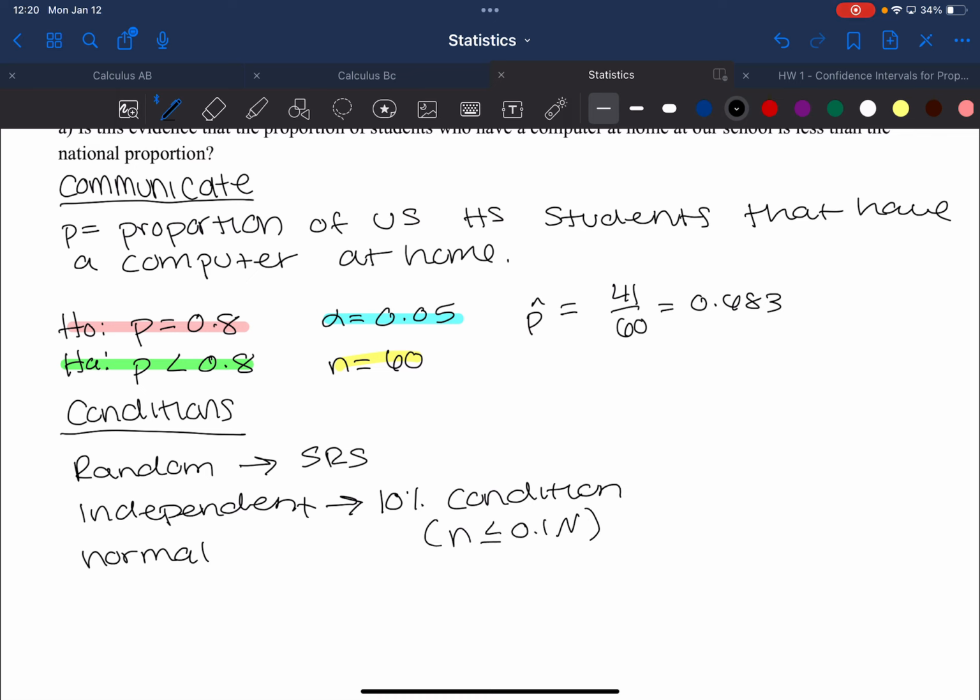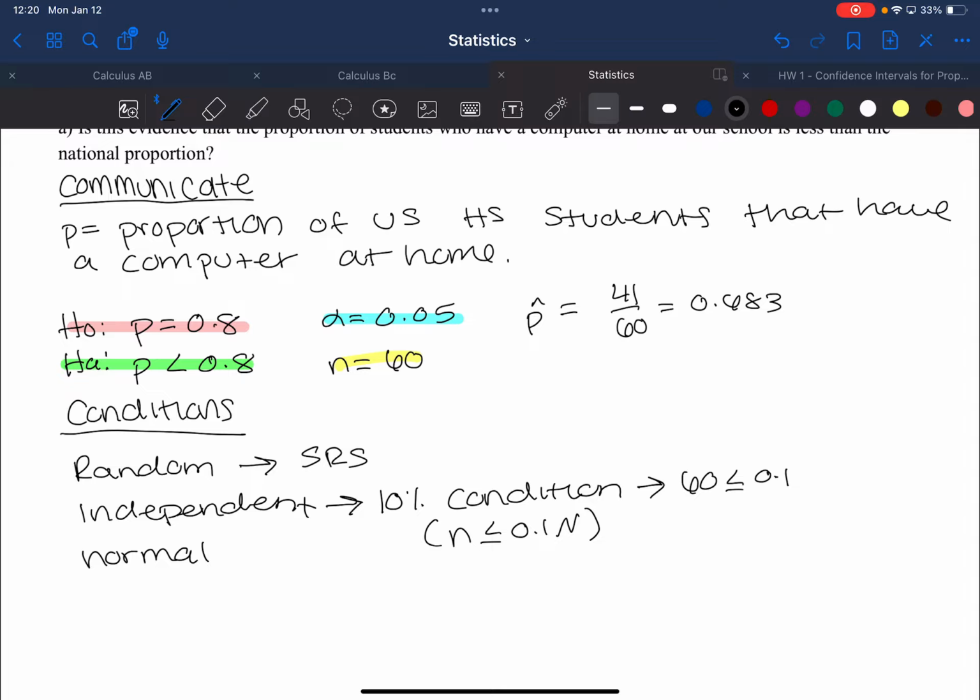Is it enough just to write the condition? No, I have to plug in my values and do the math portion of it. So N we said is 60, so this is 60 less than or equal to 10% of, and are we given our population size?